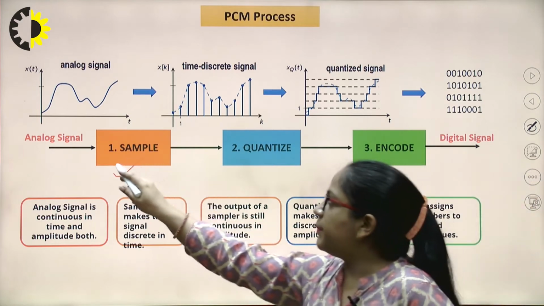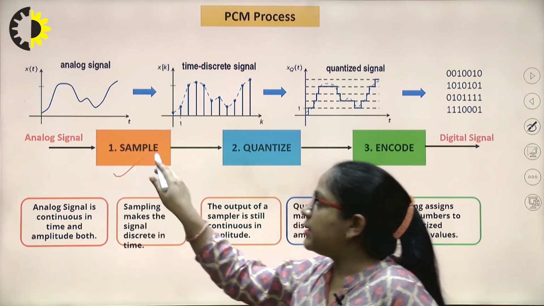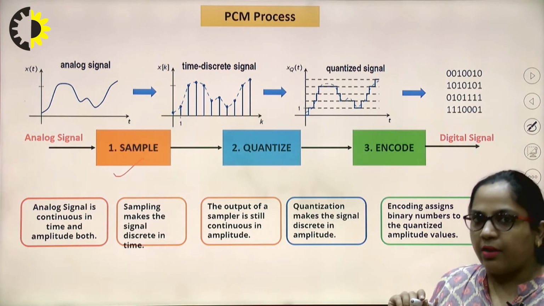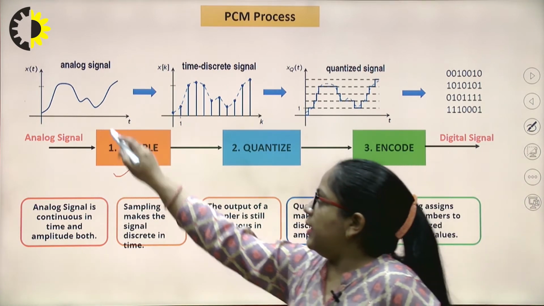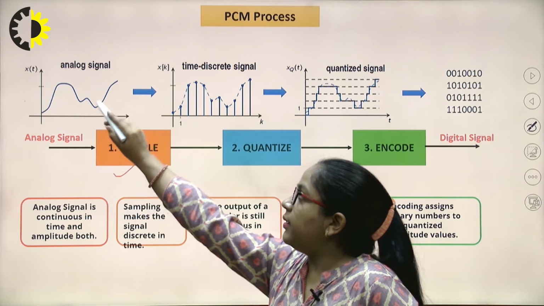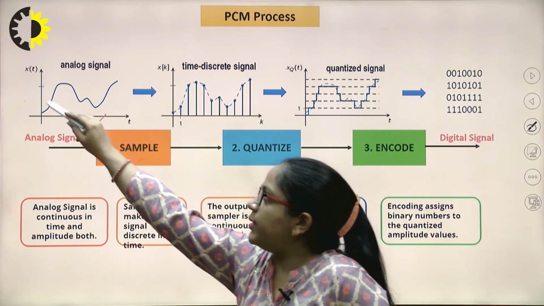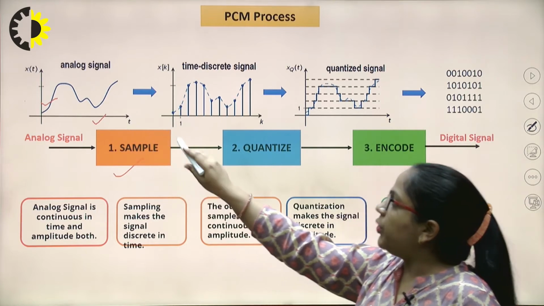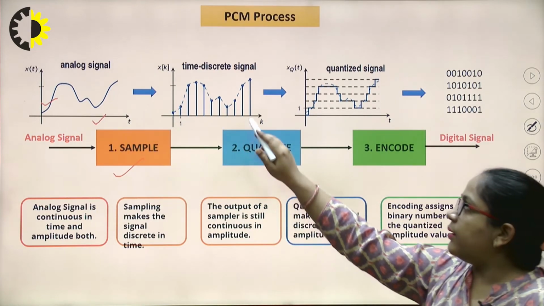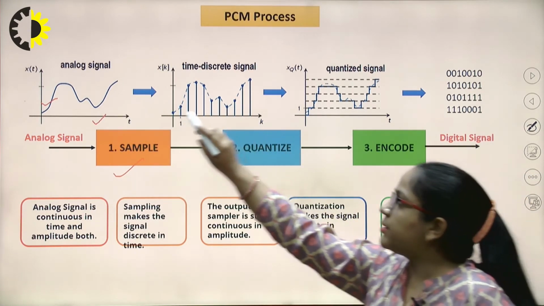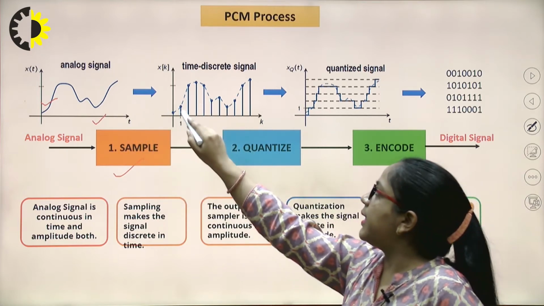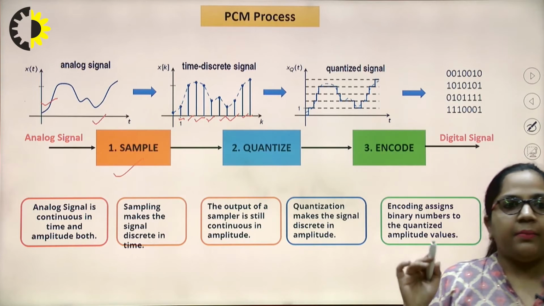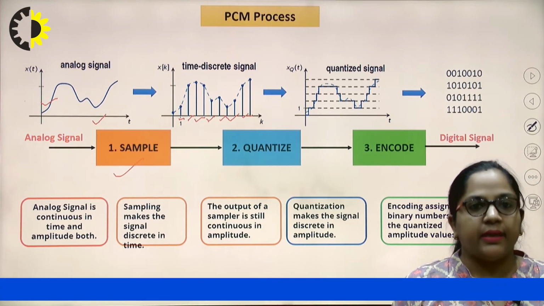The input to the sampler will be a continuous time analog signal, which is continuous in time as well as continuous in amplitude. When we perform the sampling, the output of the sampler will be a discrete time signal. Sampling makes the signal discrete in time.